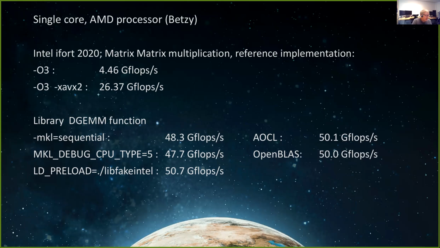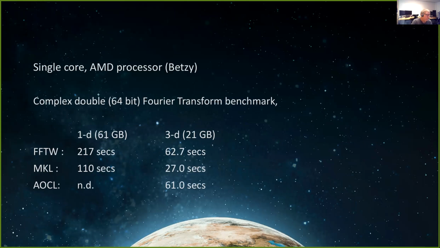The Math Kernel Library can do 48 to 50, the AMD library can do 50, and OpenBLAS also does 50. So using a library is essential, and there is nothing to stop you from using MKL, and it's comparable on the Intel processors, more or less the same.